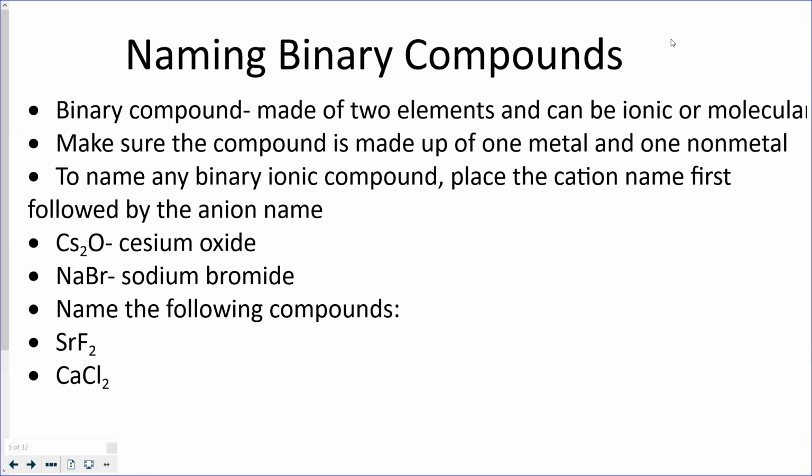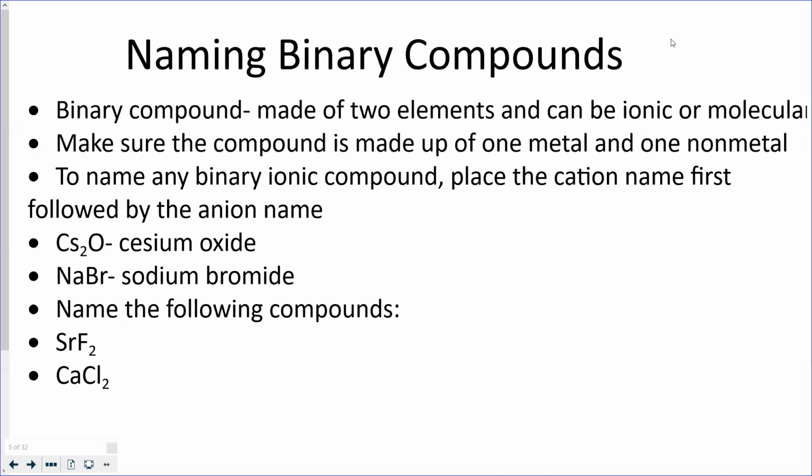And to name any binary ionic compound, you have the cation named first. So remember, the metal named as is, followed by the anion name, where we change the ending to IDE. So for example, if we have Cs2O, Cs is cesium, so we name that as is.